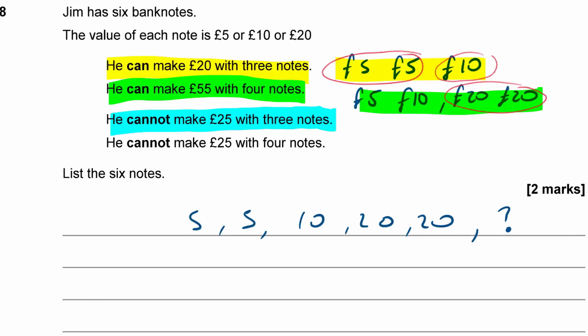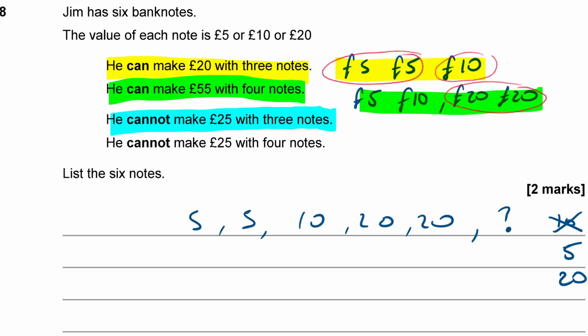So if I had a £10 and a £5, that means I can't have another £10, doesn't it? Because if I did, then I could have a £10, a £10, and a £5, making £25. So my mystery note is not a 10, which means it's either a 5 or a 20. So he cannot make £25 with 4 notes.